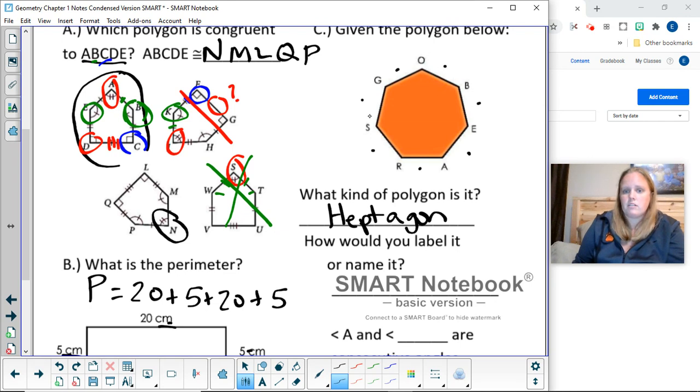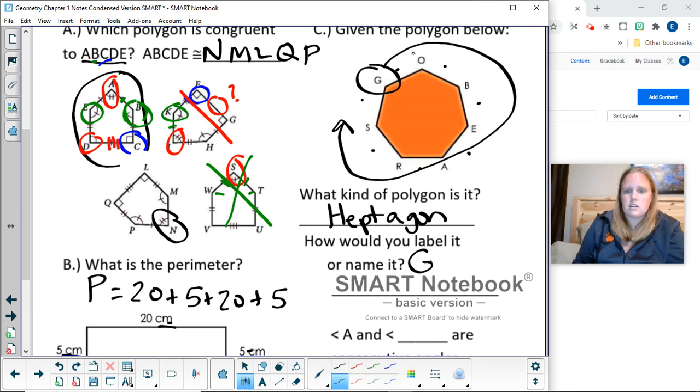So whatever letter you want to start at, I'm going to pick G. And then you can go clockwise or counterclockwise. I'm going to go clockwise around this. So I'm starting with G, then O, B, E, A, R, S. Go Bears is our heptagon.